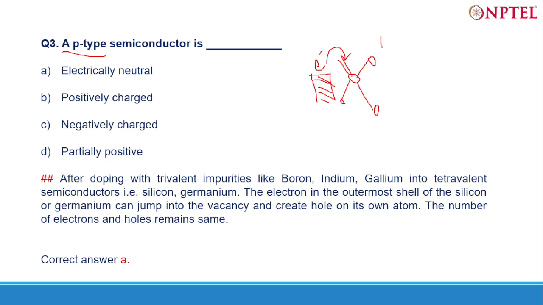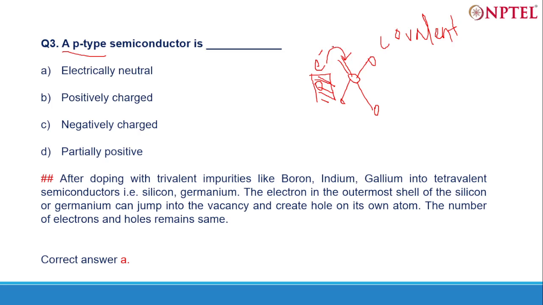So what happens in a p-type semiconductor? The germanium or silicon donates an electron to this impurity, and due to this donation of the electron, a hole is formed at the place of the electron. The total charge is conserved. There is no gaining of electrons or gaining of positive ions.